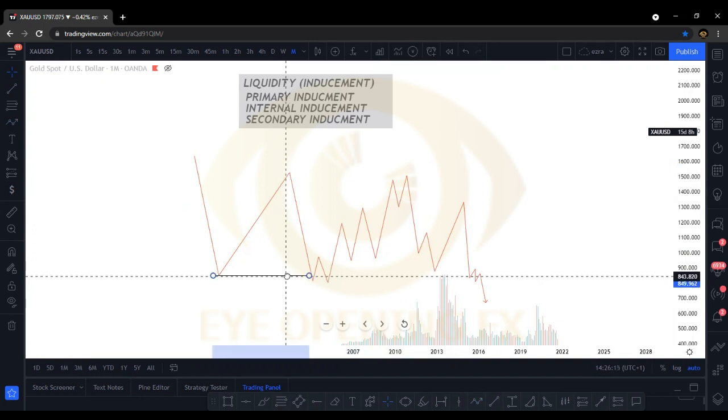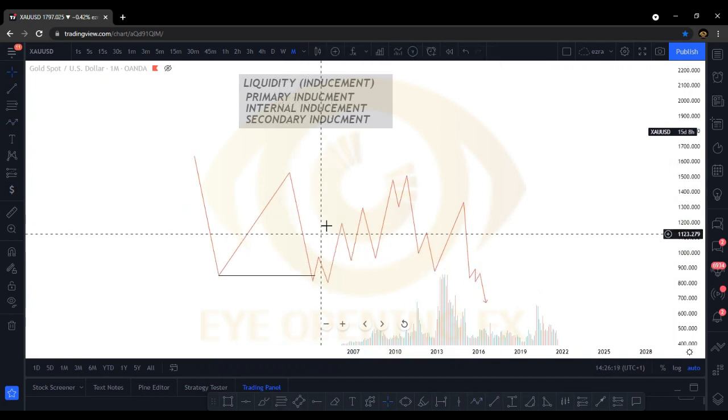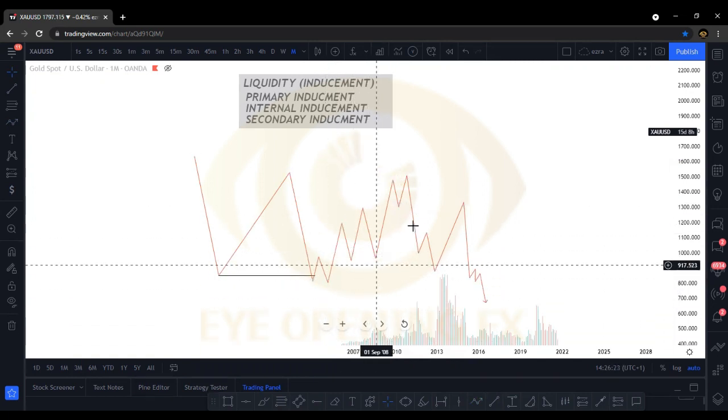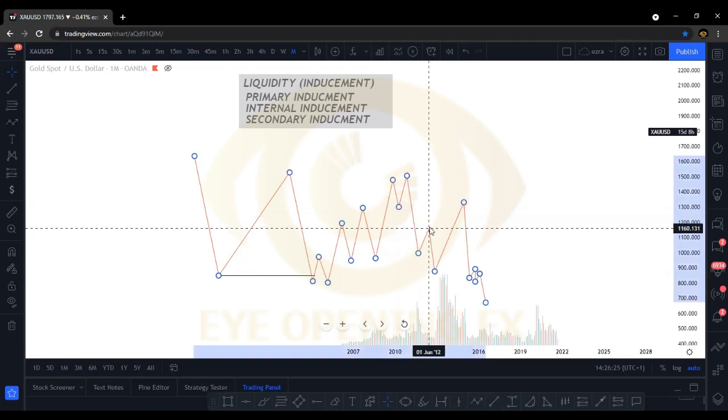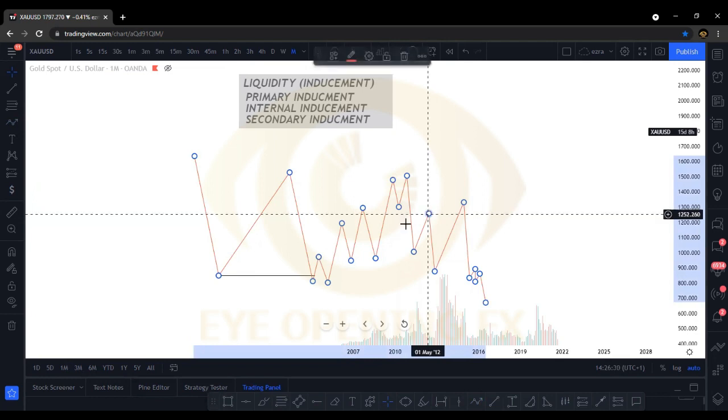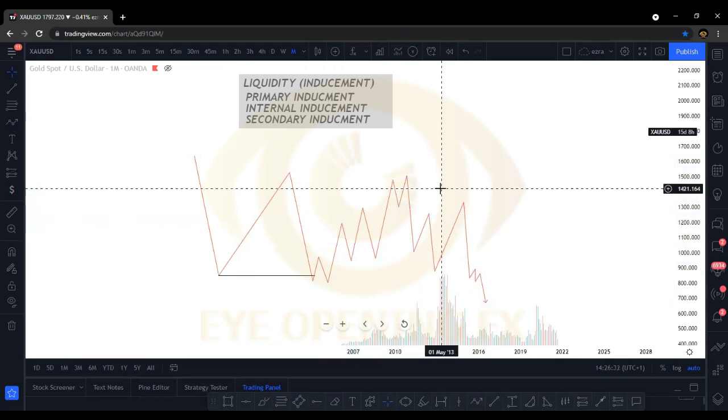The market gives us a break of structure to the downside. So since the market gives us a break of structure to the downside, this is what you have to understand. It is giving us a corrective wave to the upside.